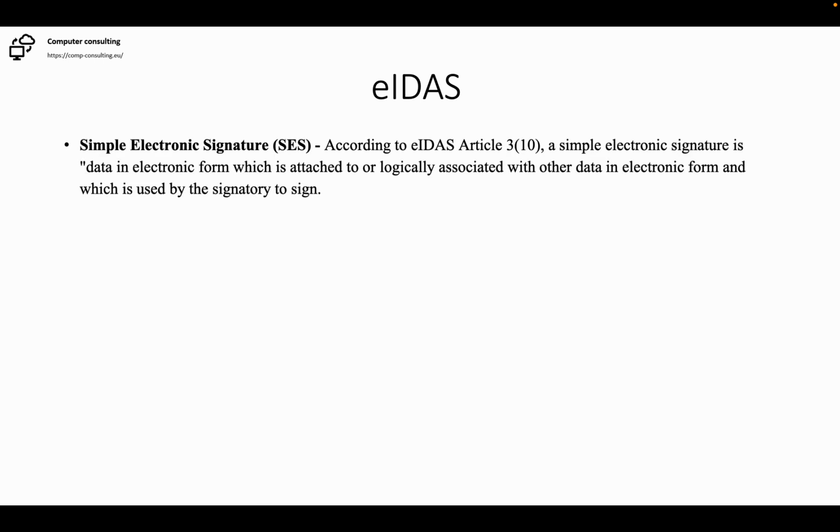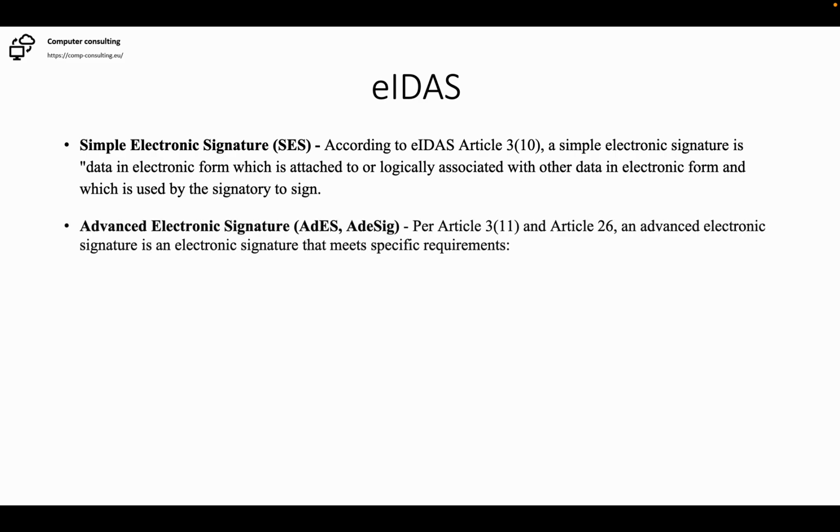What is eIDAS? eIDAS is European legislation, and eIDAS defines electronic signatures. We have different types of electronic signatures.